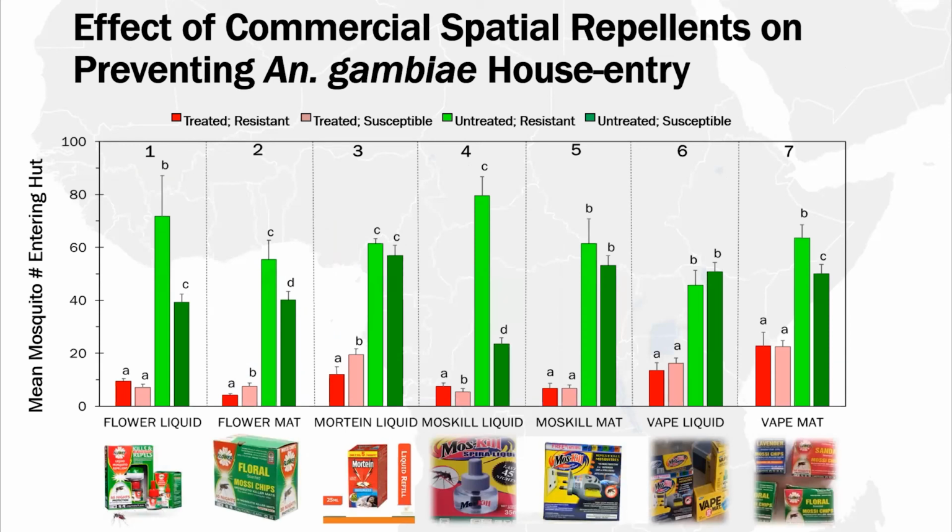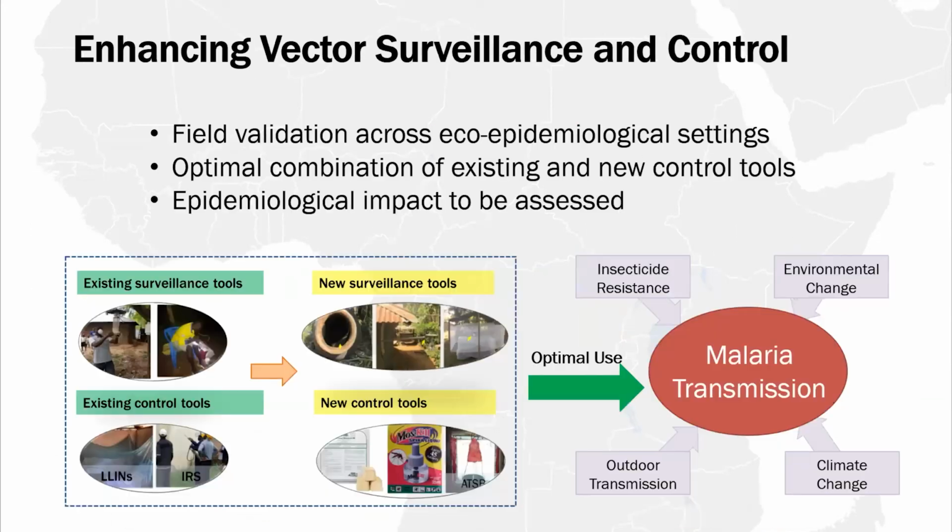When we looked at all the array of these commercially available spatial repellents, we realized that the trend was similar, where with these particular spatial repellents, fewer mosquitoes got inside the houses compared to the houses which had no repellent. And this was both for susceptible and resistant mosquitoes. So they are working well for both resistant and susceptible mosquitoes.